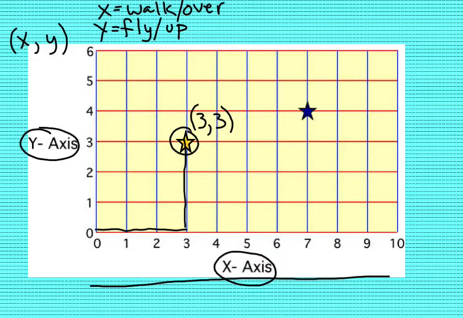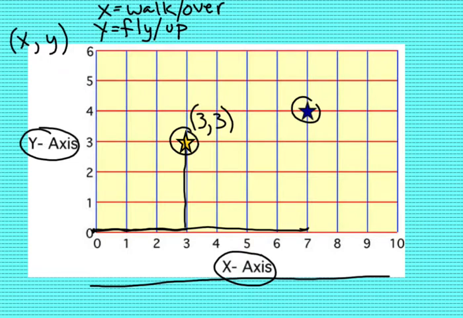Now if we wanted to locate this blue star on our coordinate grid, we would again have to walk or move over first, starting at 0. So we're starting down here, and we would come over all the way to 7, because 7 is along the x-axis. That's where we walked or came over.